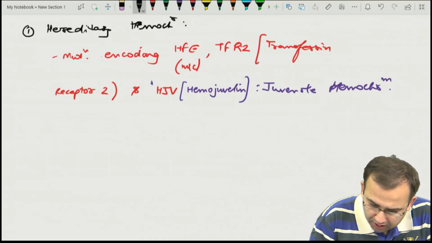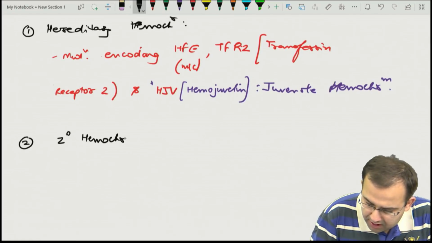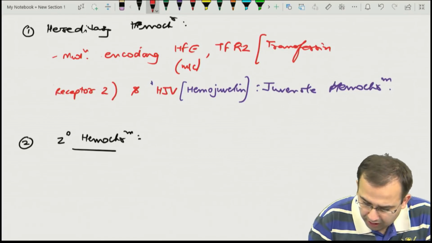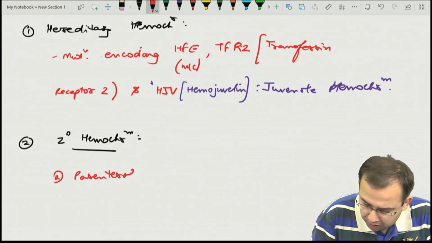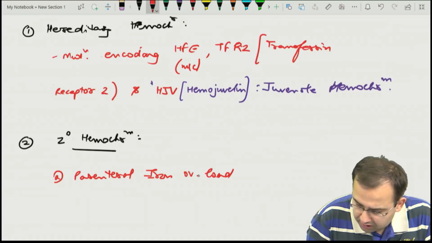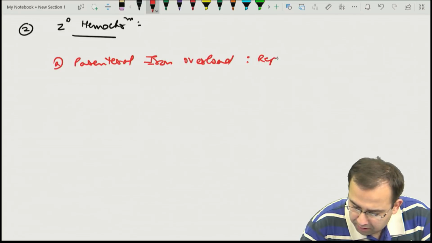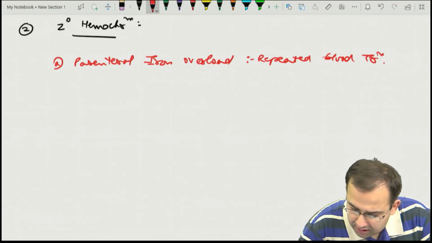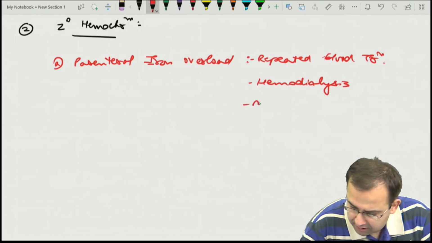Next is the secondary hemochromatosis. Secondary hemochromatosis occurs secondarily to something, that is iron overload. It can occur because of parenteral iron overload, either because of repeated blood transfusions, hemodialysis or MDS, myelodysplastic syndromes.